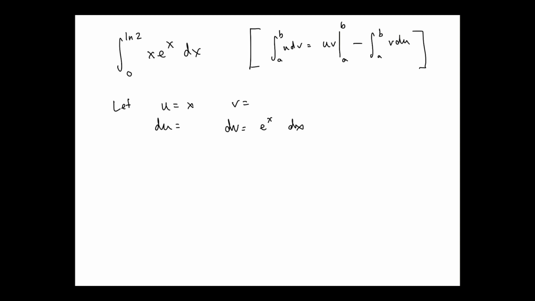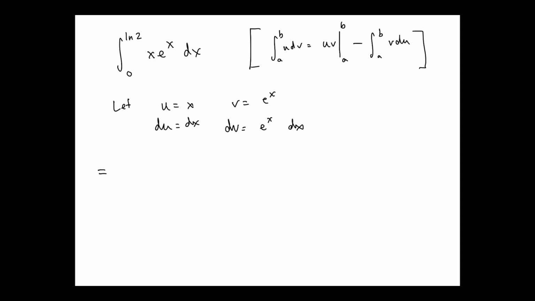Let's see. So if u is equal to x, then what's du? dx. If dv is equal to e to the x dx, then v is equal to e to the x. Okay, so now we're going to do our rule, uv minus the integral of v du. All right, so let me fill everything in.